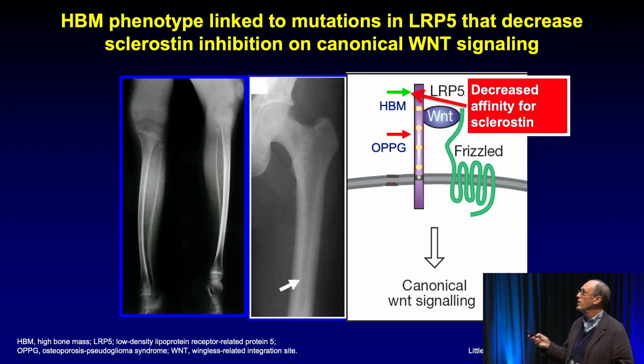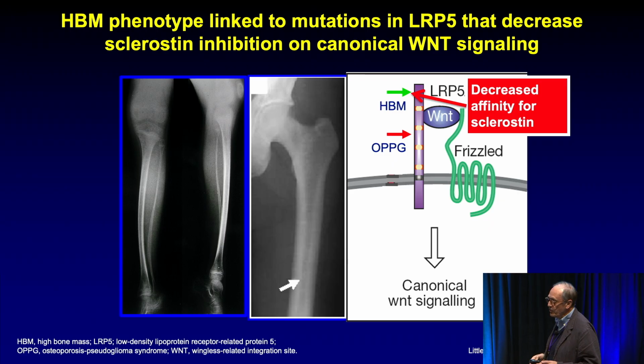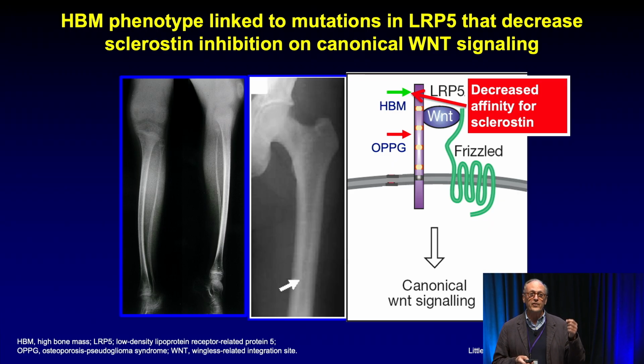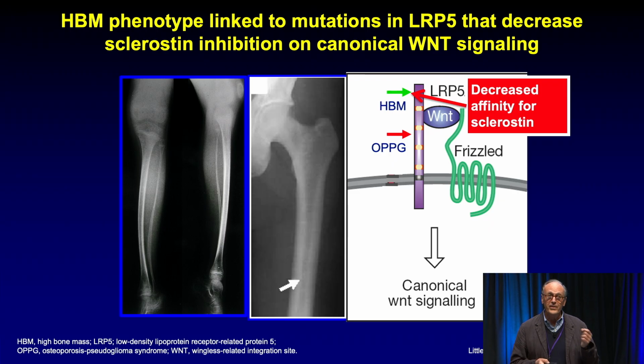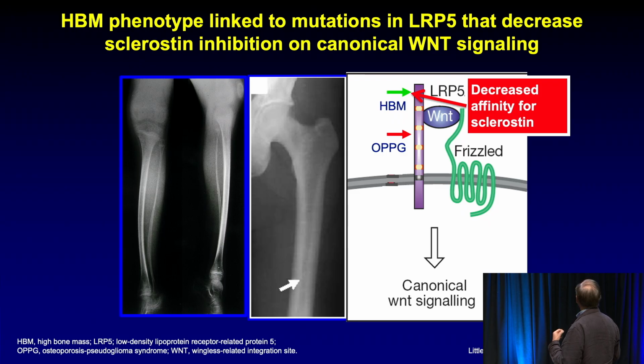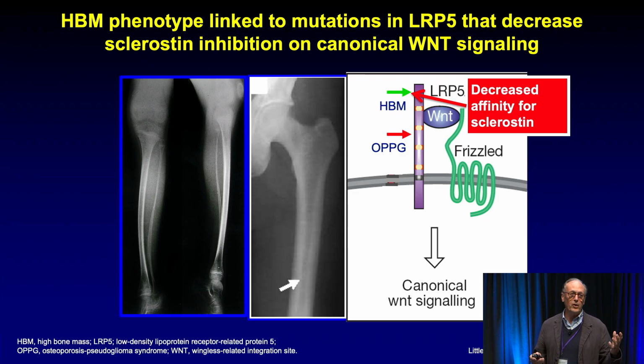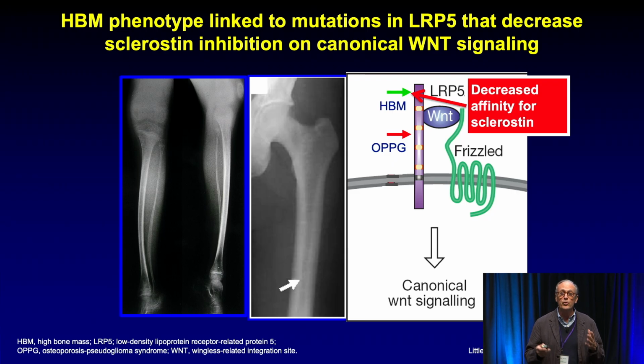What it did was to decrease the affinity of the receptor for sclerostin. Until then, we did not know what sclerostin was doing. Now we learn, lo and behold, that this is a key regulator of bone mass in human.